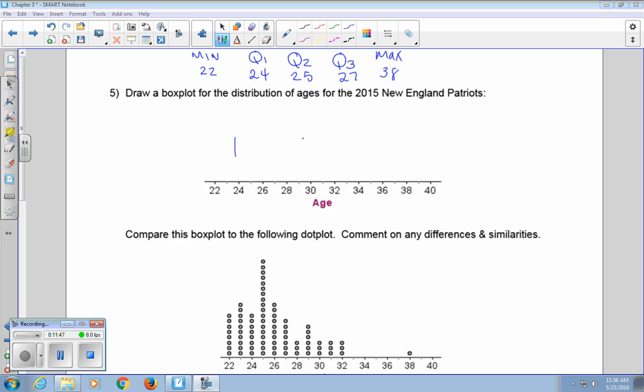So I like to draw that rectangle first. Next, I'm going to place my Q2 or my median at 25. And then I need to draw a whisker out to 22 and a whisker out to 38, my max. So this is what a box plot for that data set would look like.